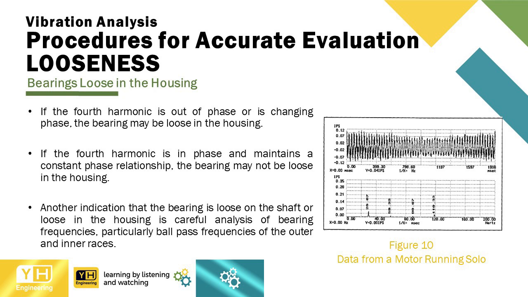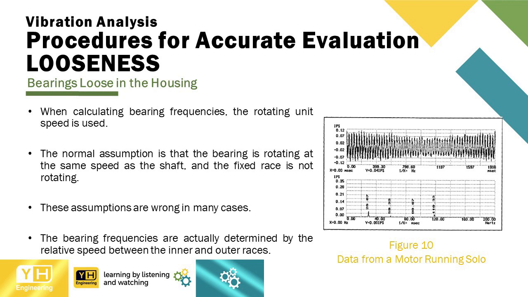Another indication that the bearing is loose on the shaft or loose in the housing is careful analysis of bearing frequencies, particularly ball pass frequencies of the outer and inner races. When calculating bearing frequencies, the rotating unit speed is used. The normal assumption is that the bearing is rotating at the same speed as the shaft, and the fixed race is not rotating. These assumptions are wrong in many cases.